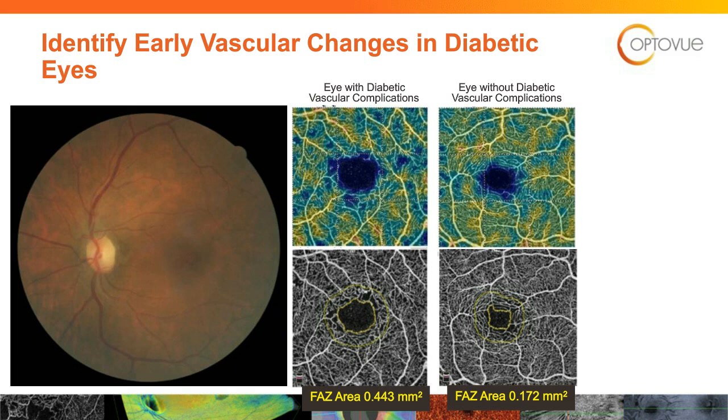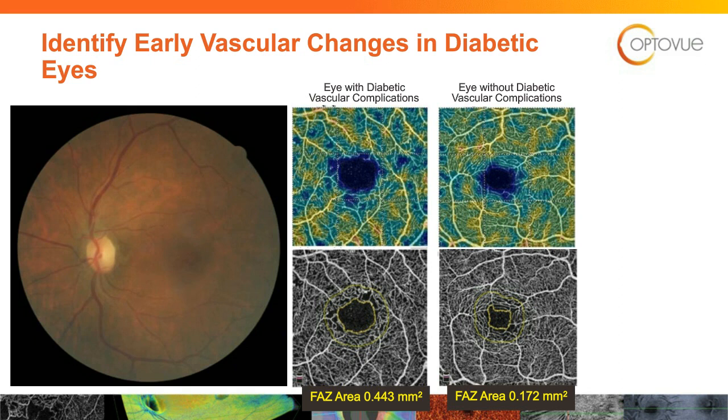And again, here's a picture of a patient that in the past I would say, look, you have no diabetic retinopathy going on. And that's because we really didn't have a great way of looking at the vasculature. And we can see on these pictures just to the right of this fundus photo where it says eye with diabetic vascular complications, you can see how that foveolar avascular zone has expanded.